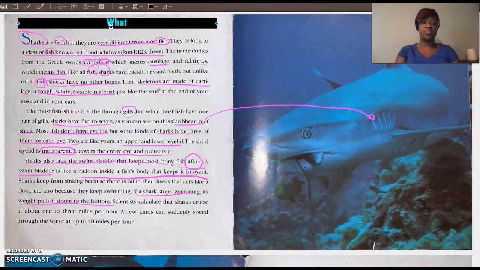Yes, I think that's a good one. What makes a shark different from other fish? That's a good title, don't you think?